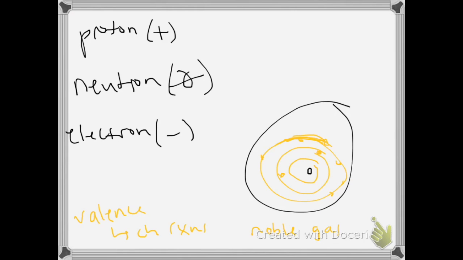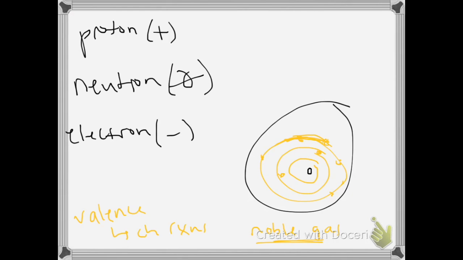Things want to be as stable as possible, as chill as possible. They don't want to react, so they'll react to become stable. One way to do this is to fill up this outer valence shell and get noble gas configuration.